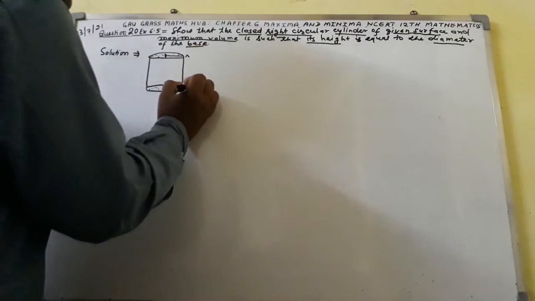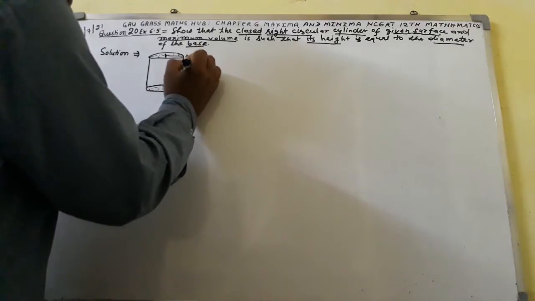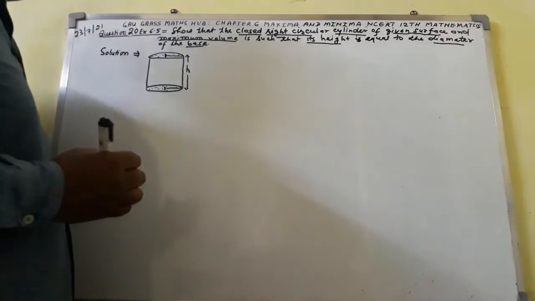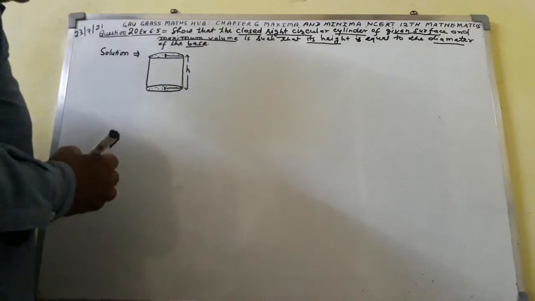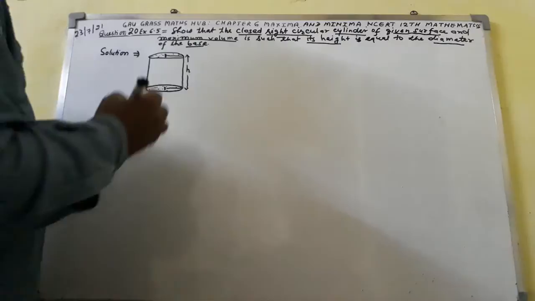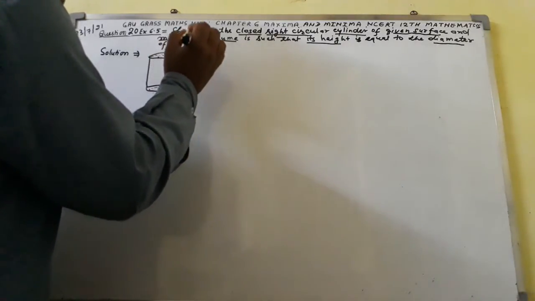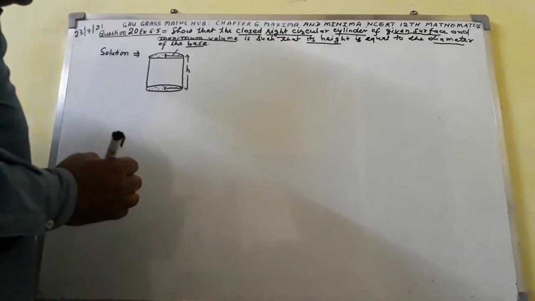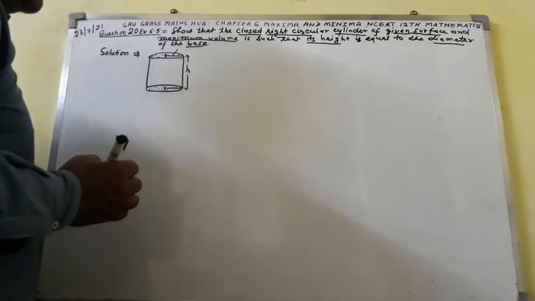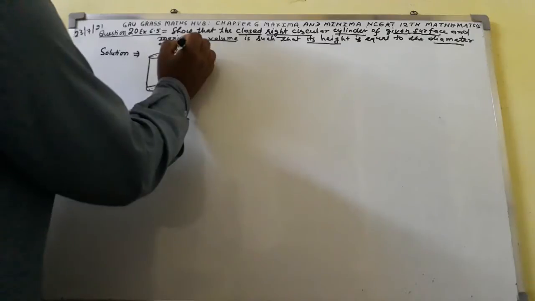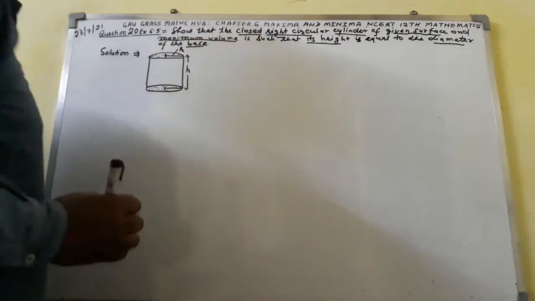From this point to this point, the height of the cylinder will be h, and the radius of the circular surface is small r.